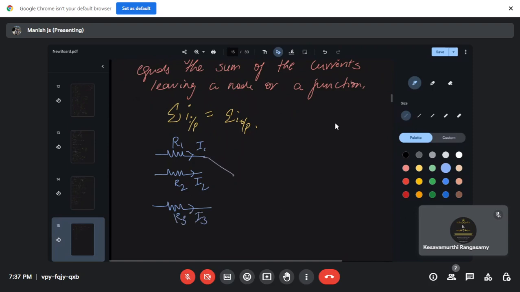Now all three of them are meeting at a point as shown. Here I have current I4, this is I6, I7. So I have expressed it like this.